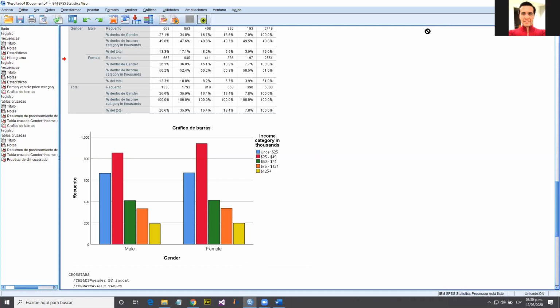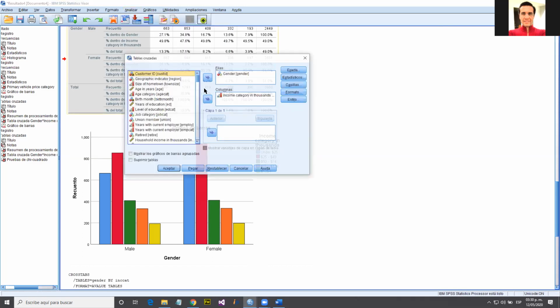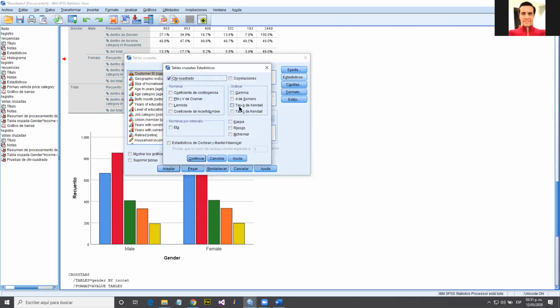But we can do it. How? We are going right here: analyze, descriptive, cross tables. And now in this case, I am going to choose statistics, chi square. And SPSS is going to make a very in-depth analysis on all the variables to explain what is happening.